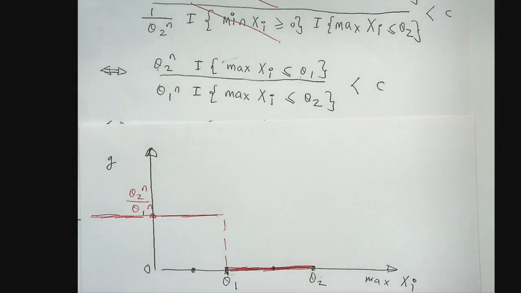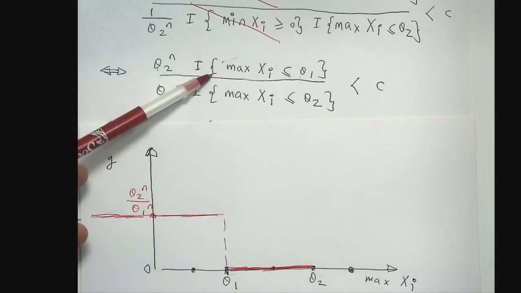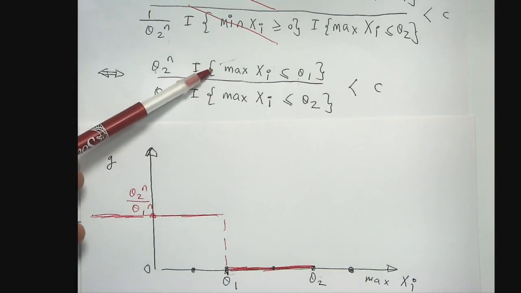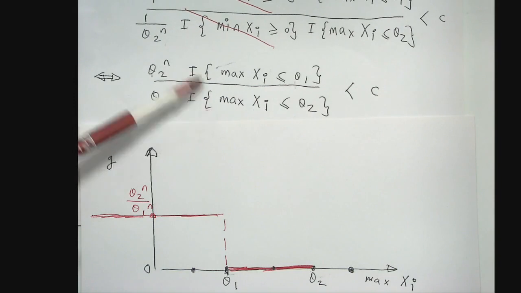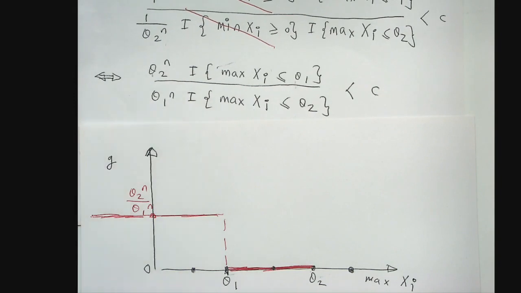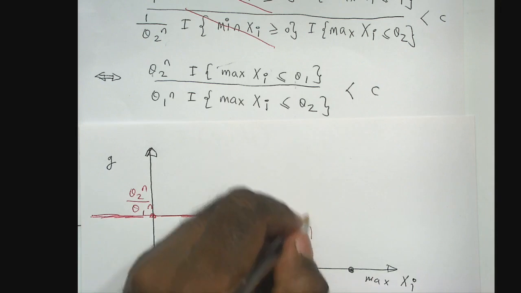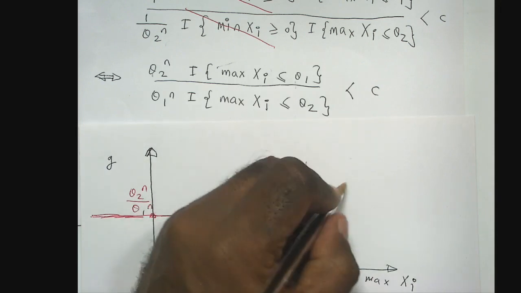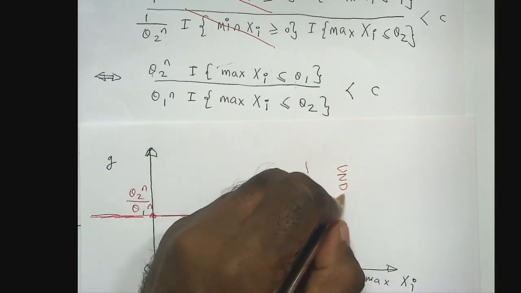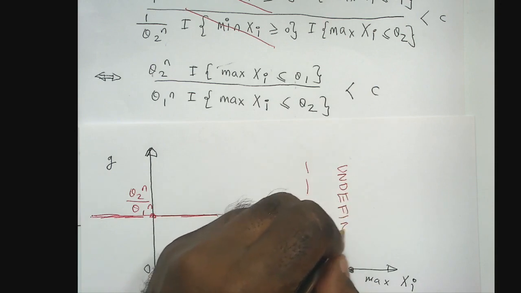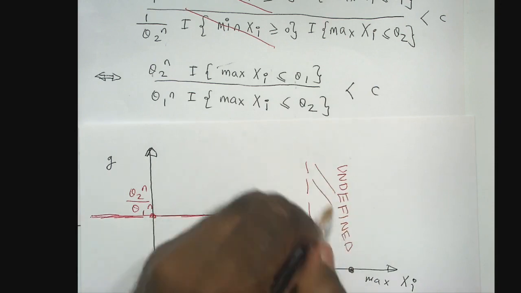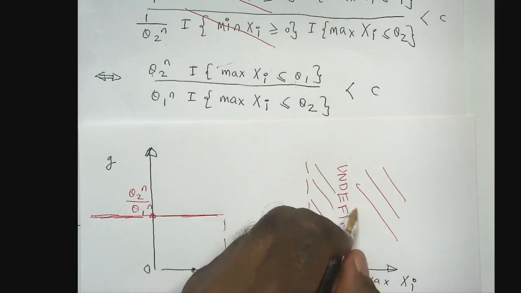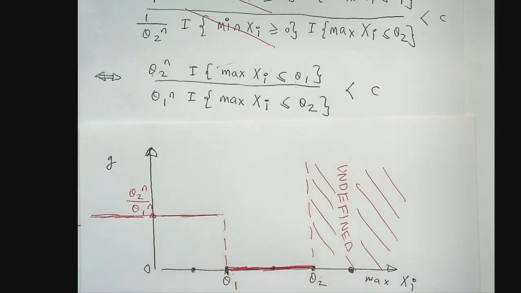Now if you pass theta 2, suppose your max of xi is here. In this case, this will be 0 and this too will be 0. So 0 divided by 0 is undefined. So you see what I've done, guys.